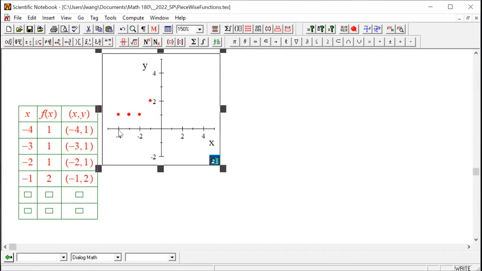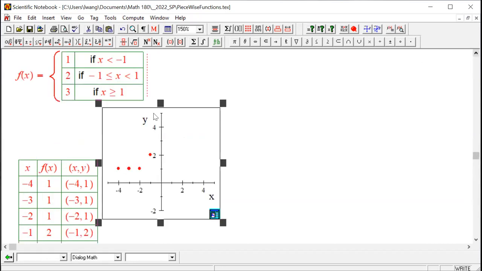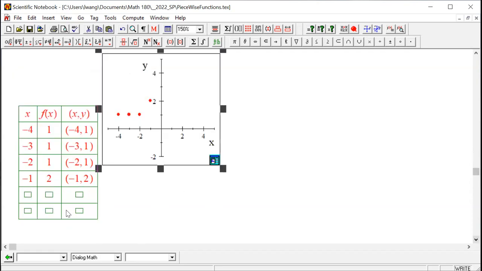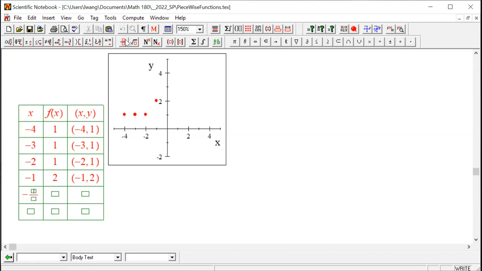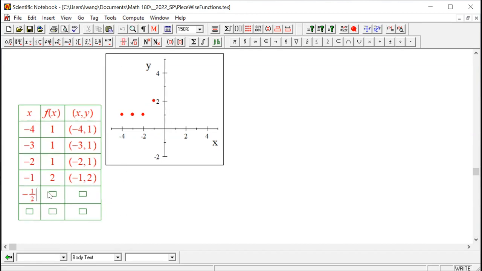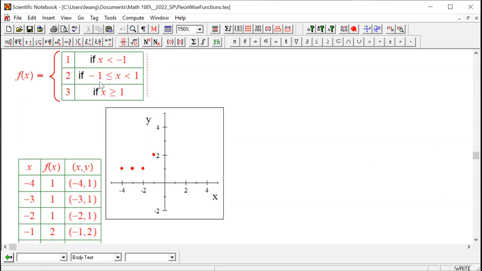So there's a change of rule. So now within this interval between -1 to 1, not including 1, we can plot a bunch of points. So if the input is -0.5, the output will be 2 because -0.5 is larger than -1 and smaller than 1.